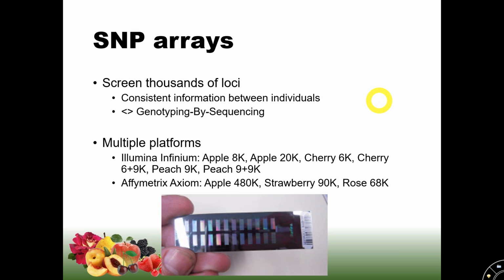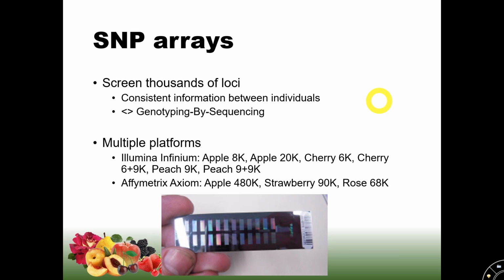And SNP arrays, there's multiple platforms. The two most common ones, or the ones that with the crops we work with, are the Illumina Infinium array, which includes the Apple 8K and the Apple 20K, the Cherry 6K, and the new array with the add-on, which we will be using data from for these sessions, and also the Peach array.